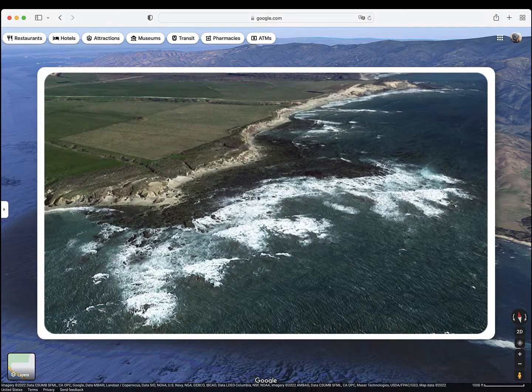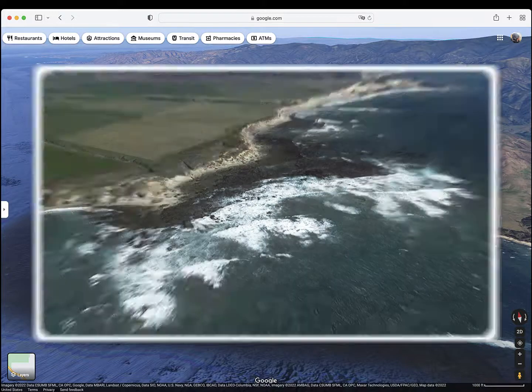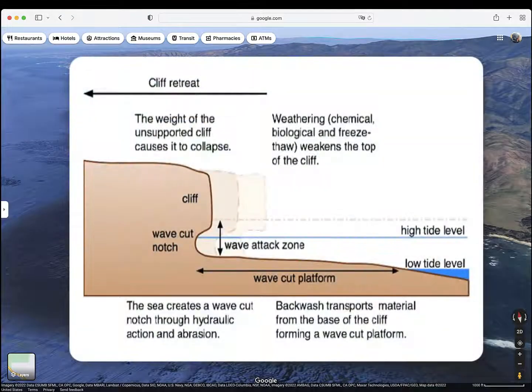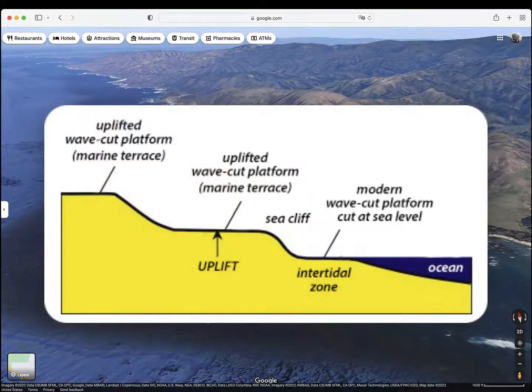An active wave-cut platform extends over 4 kilometers to the south from Point Sur. Marine terraces are originally formed as wave erosion in the intertidal foreshore areas forms wave-cut platforms, which can be uplifted to become marine terraces.